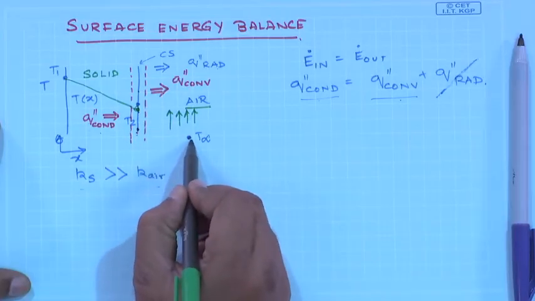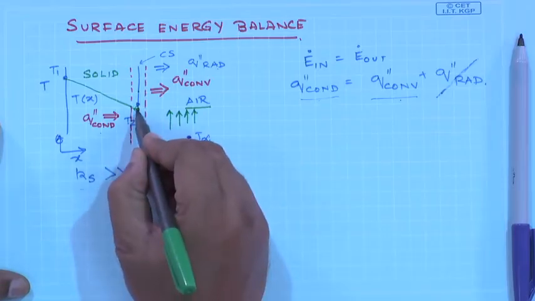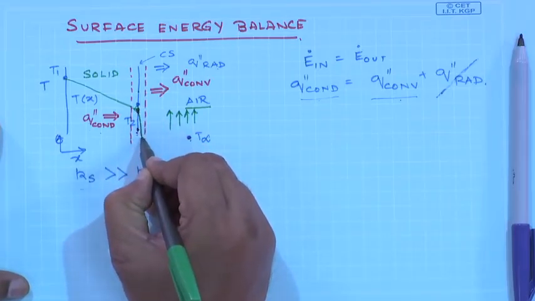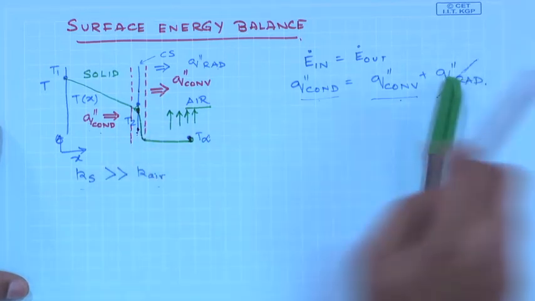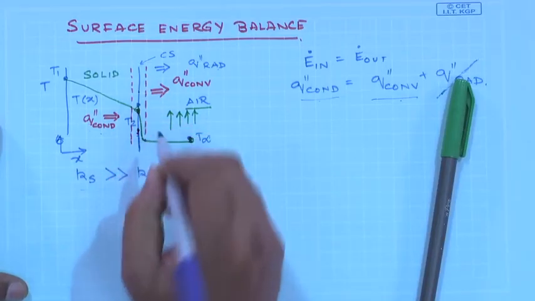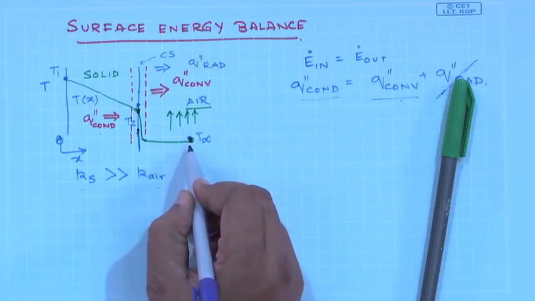You will see in greater detail that there exists something which is called a boundary layer or a thermal boundary layer. What is proposed is that this drop in temperature from T2 to T infinity takes place over a region which is very close to the solid surface, and then it asymptotically approaches the value of the temperature T infinity.